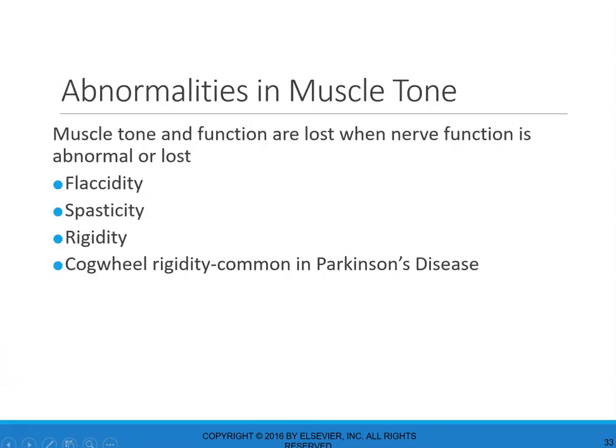Some abnormalities in muscle tone would be flaccid muscles, spastic muscles, or rigid muscles, and cogwheel rigidity, which is most commonly seen in Parkinson's disease.